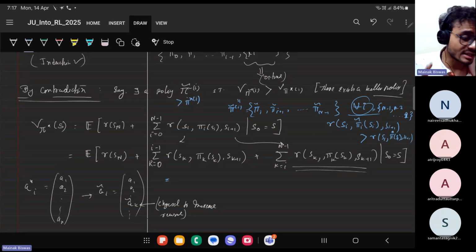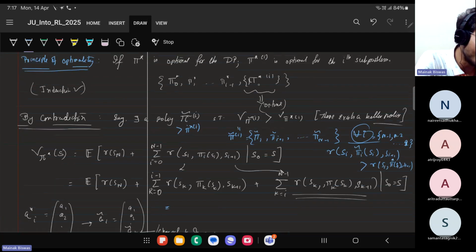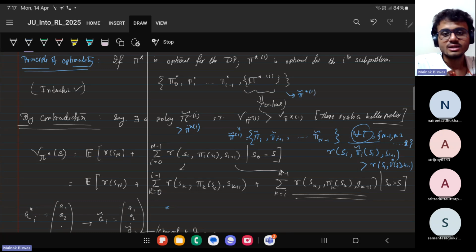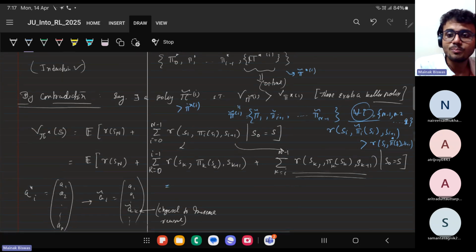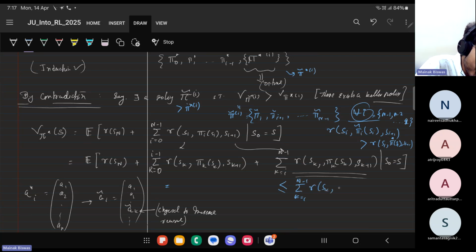But the caveat is pi tilde is only for a truncated policy. You have to show that this new pi that you will be generating will be better. So I can write this greater than or equal to the summation of k equal to i to n minus 1 of r of sk, pi tilde of sk, sk plus 1, given s0 is equal to s.